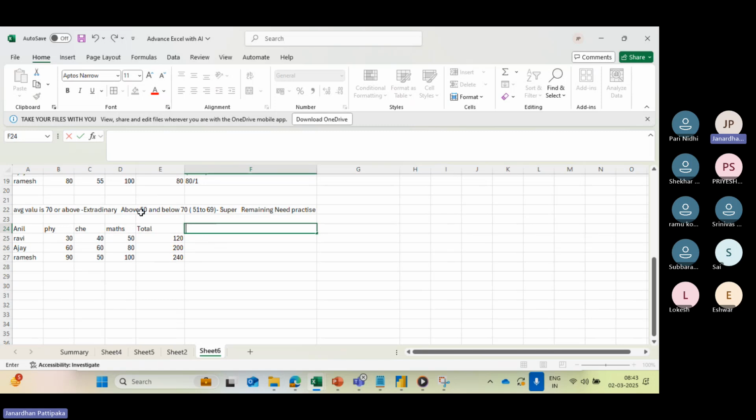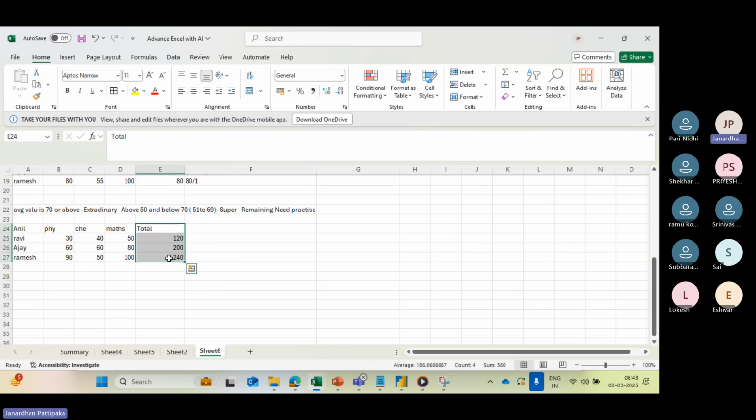If the average value is above 70, call it extraordinary; 51 to 69, I want to call it super; remaining needs practice. I don't want the total over here because I already have the average value.